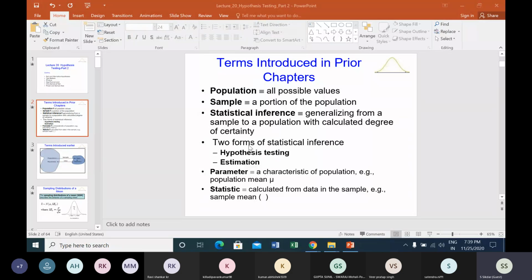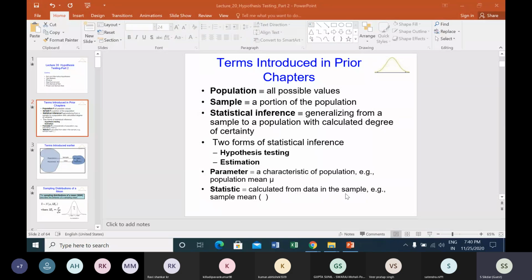Okay, now two forms of statistical inference: one is hypothesis testing, another is estimation. And a parameter is a characteristic of the population, for example the population mean. Basically we want to get the value of the population mean mu from the sample mean, that is x bar, calculated from the data in the sample.